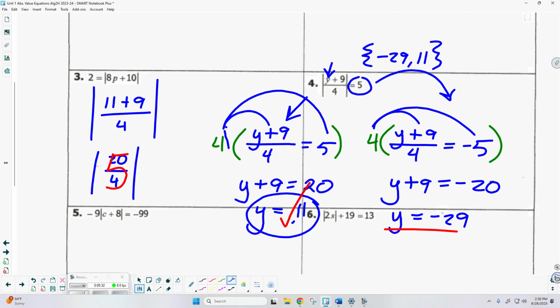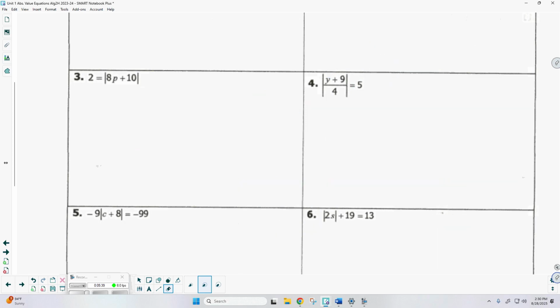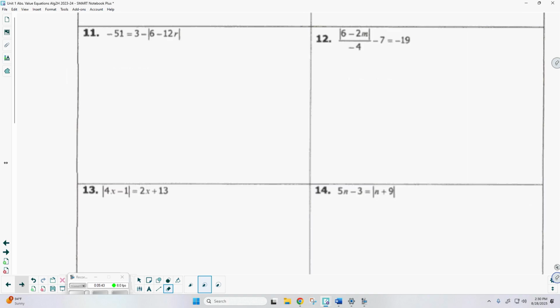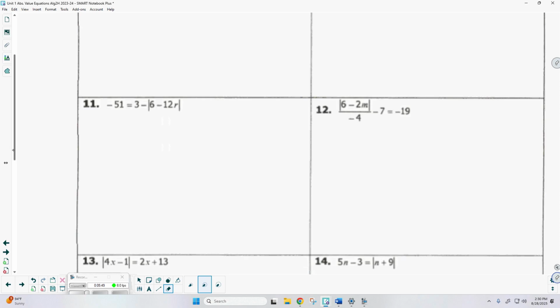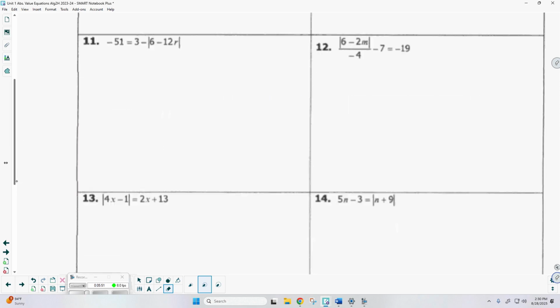This is what your quiz is going to be tomorrow. Maybe we go ahead and look at one like, let's try, what's the first one like this? Okay, how about this one? Let's try number 13.